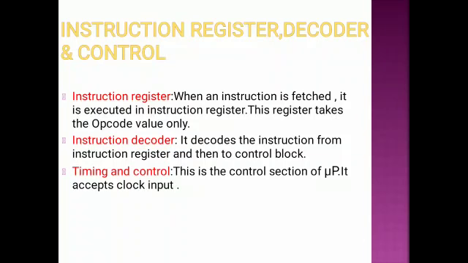The register takes the opcode value of a certain instruction and decodes it using machine cycles and sends it to the control signals. This is the control section of the microprocessor. Timing and control unit accepts the clock input. Timing control unit is also known as the brain of the processor.